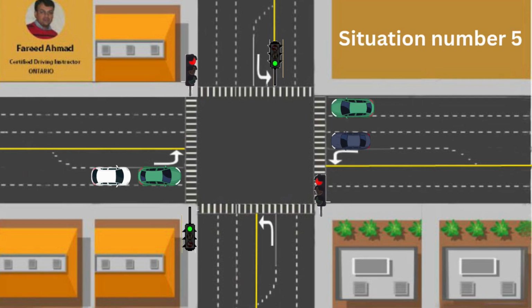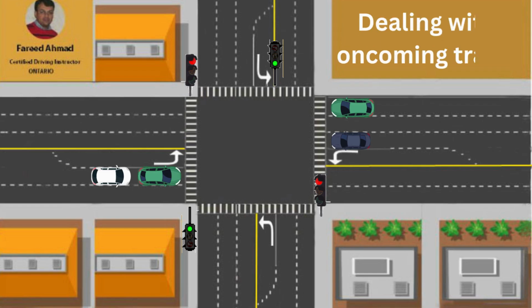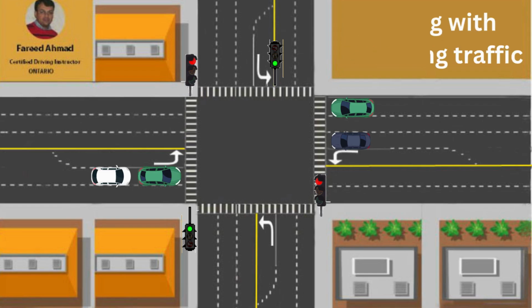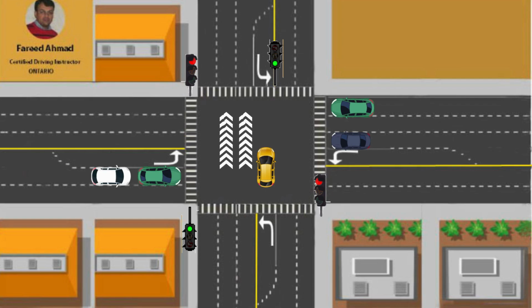Situation number 5, dealing with oncoming traffic taking their right. So you approach in the middle of the intersection on a green signal to take a left turn. You look, there is no traffic in two of the oncoming lanes, but there are a few vehicles in the third lane turning right.